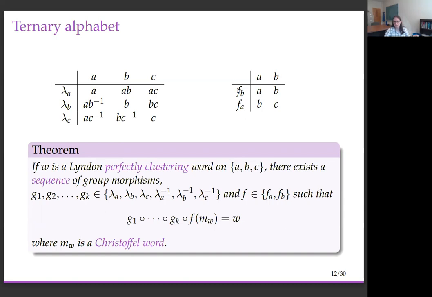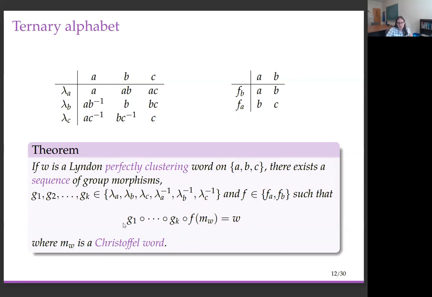So this is why we use the F, B, and FE. We only use them at the beginning just to place the Christoffel word on the right alphabet. And after, we use a sequence of morphisms taken from lambda ABC or the inverses. And like that, we can get every perfectly clustering word.